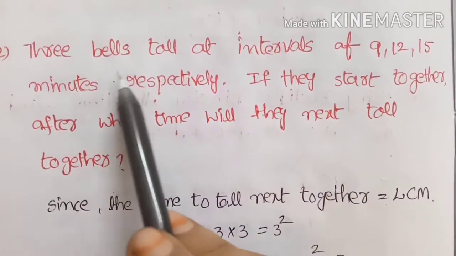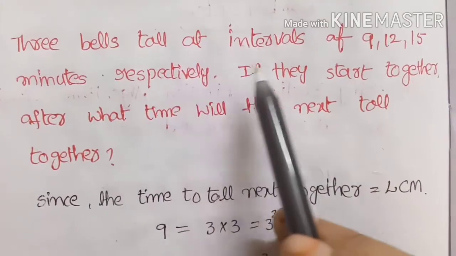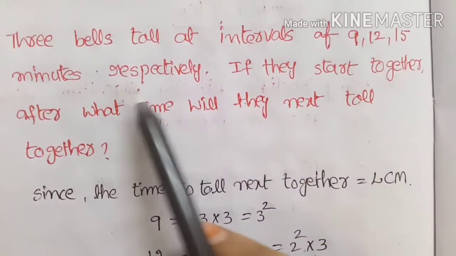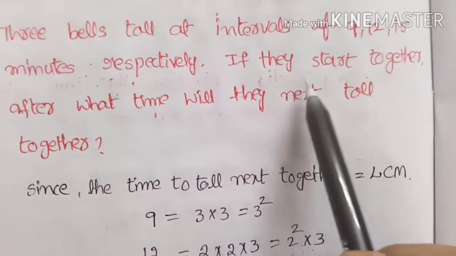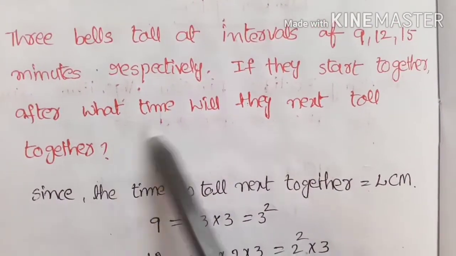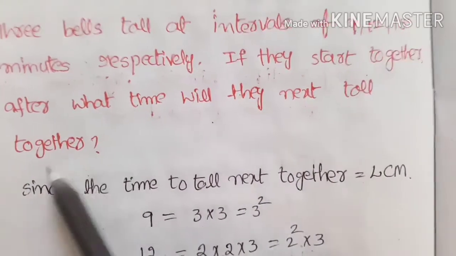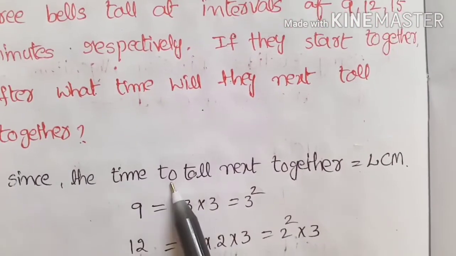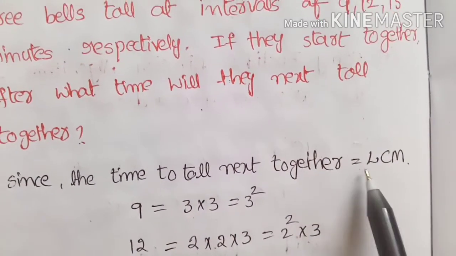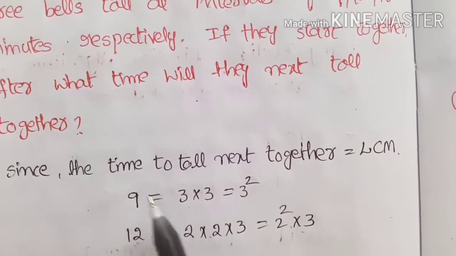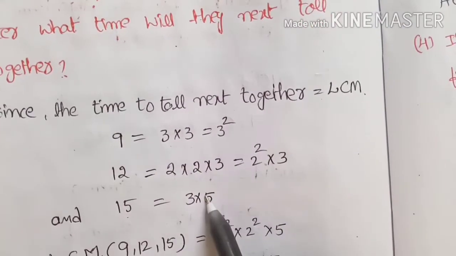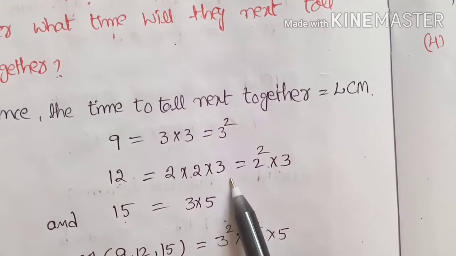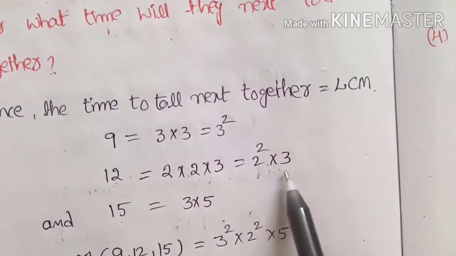Next question. Three bells toll at intervals of 9, 12, 15 minutes respectively. If they start together, after what time will they next toll together? The time to toll next together is the LCM. LCM of 9, 12, 15: 9 = 3², 12 = 2² × 3, 15 = 3 × 5.